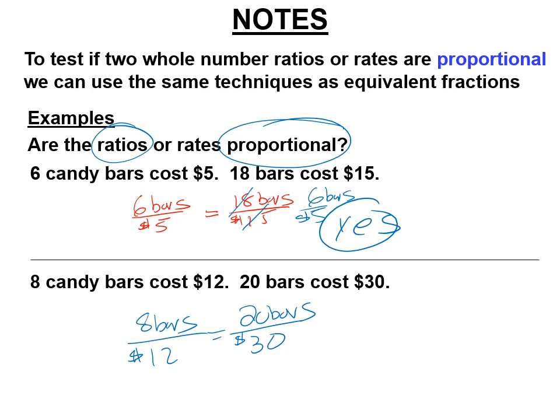Stores can be tricky. Sometimes the smaller one is cheaper, even though it should never be that way, right? Because if you buy more, you should get a deal. But you do the math, and you divide both those by 4, and you get 2/3. Did both of those simplify to 2/3? Yes. So 8 bars for 12 is the same as 20 bars for 30.